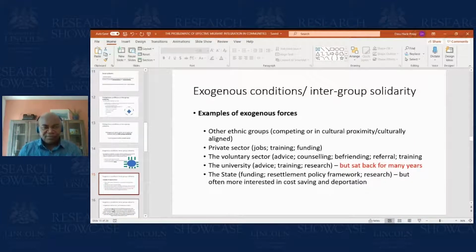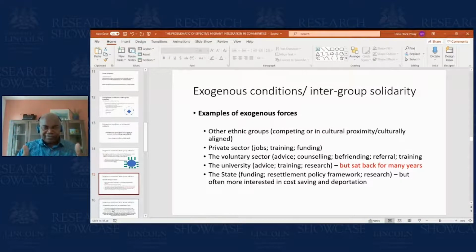So if we look at some examples here, we've got examples of exogenous forces. We've talked about other ethnic groups, the private sector providing jobs, training, on-the-job training, or funding for training. We've got the voluntary sector that provide advice, counseling, befriending, referral systems, and training as well.